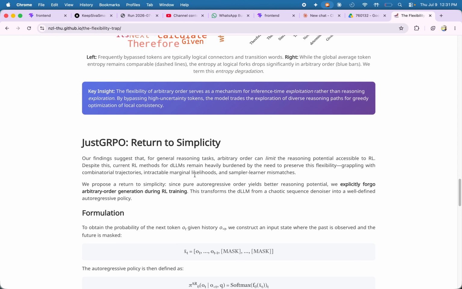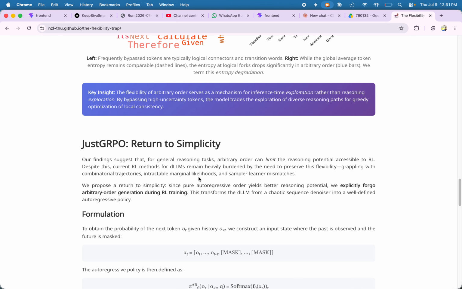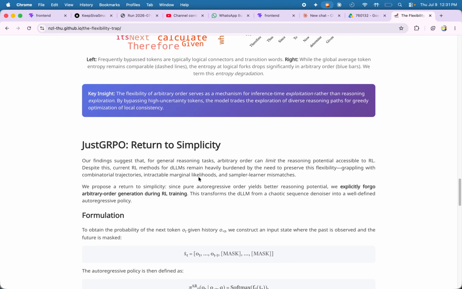So here we ground ourselves with a simple technique, just calculating score advantages across multiple groups. Though current RL approaches tried various methods, with this simple GRPO we are able to get better performance. That's what they are trying to say.